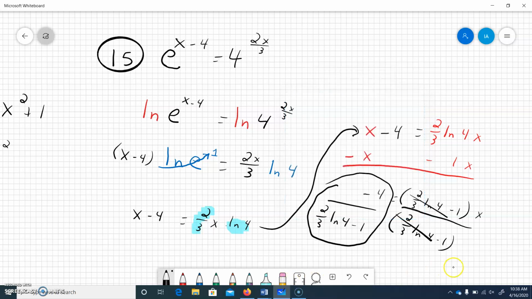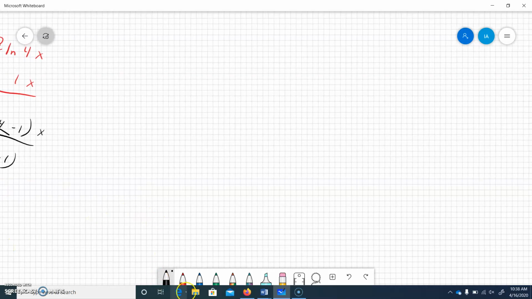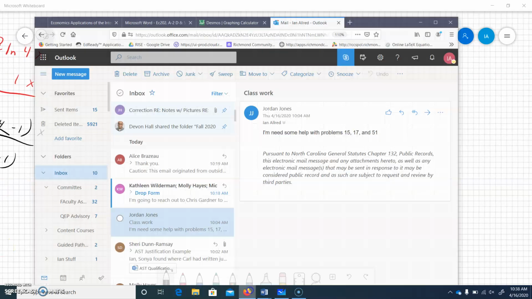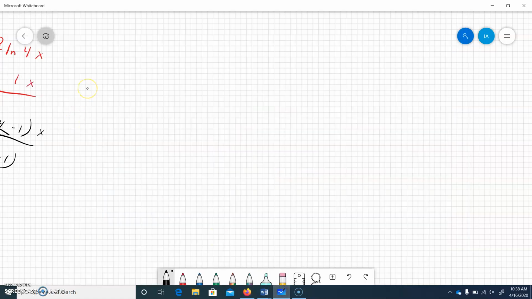Okay. So let's try the last problem. And I think the last one somebody asked about was 51. So let me double check. Yeah, 51. So let's try that.